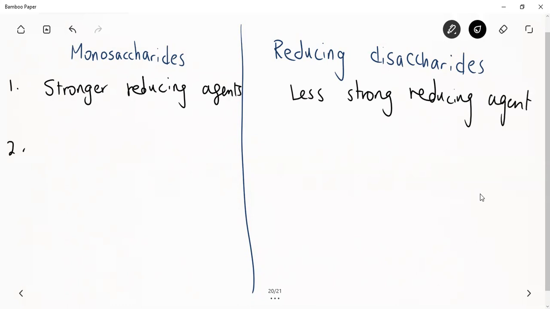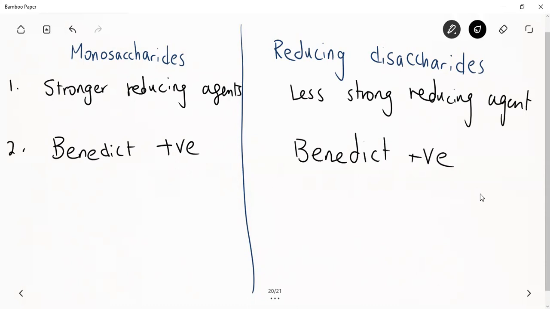Second, Benedict, actually it's not a difference, it's a similarity. Now we are only comparing and contrasting. Benedict will be positive, and here also Benedict will be positive. Very good.